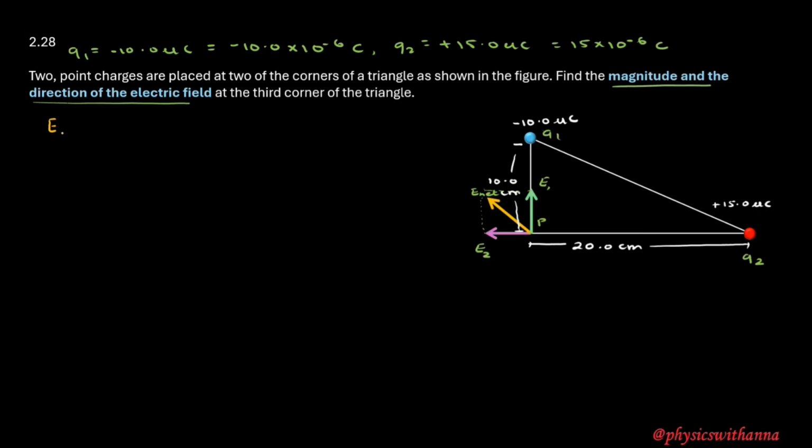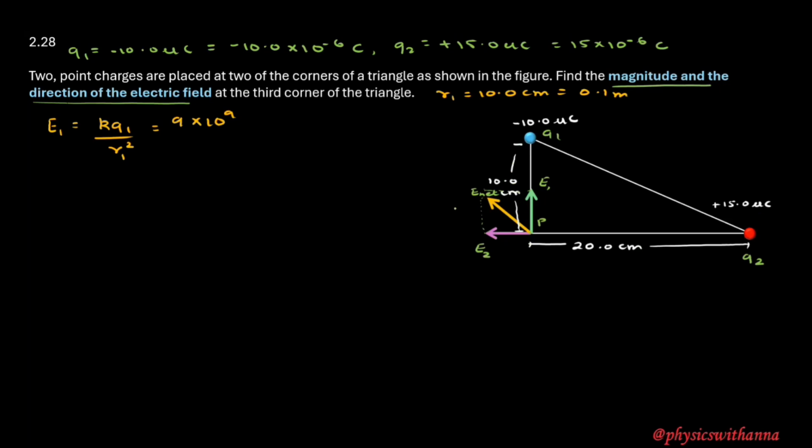E1 will be the magnitude of electric field due to charge Q1. We can write this as K Q1 over R1 squared. R1 is the distance between charge Q1 and the point P, which they have given here as 10 centimeter, and you can write it as 0.1 meter. So let's substitute. K is 9 times 10 to the power 9. Since we are finding only the magnitude of electric field, we will not put the minus sign on the charge.